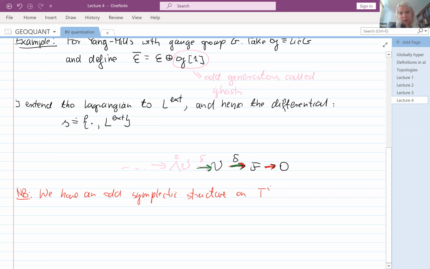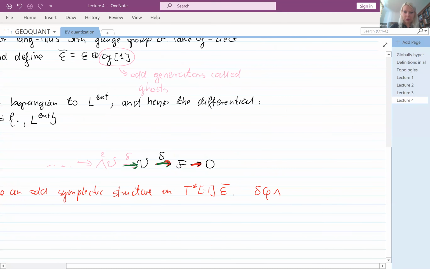So we have the odd cotangent bundle. Yeah, and the symplectic structure is then d phi wedge d phi dagger. I mean, this is a bit formal notation, but yeah, we have these antifields on the cotangent direction. We have fields on the base, and then the odd symplectic structure is given by this.